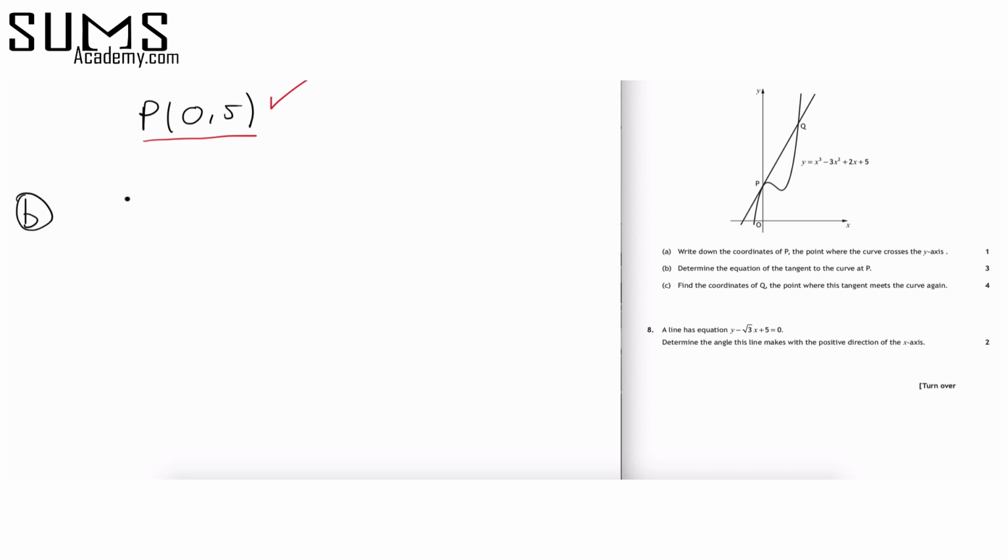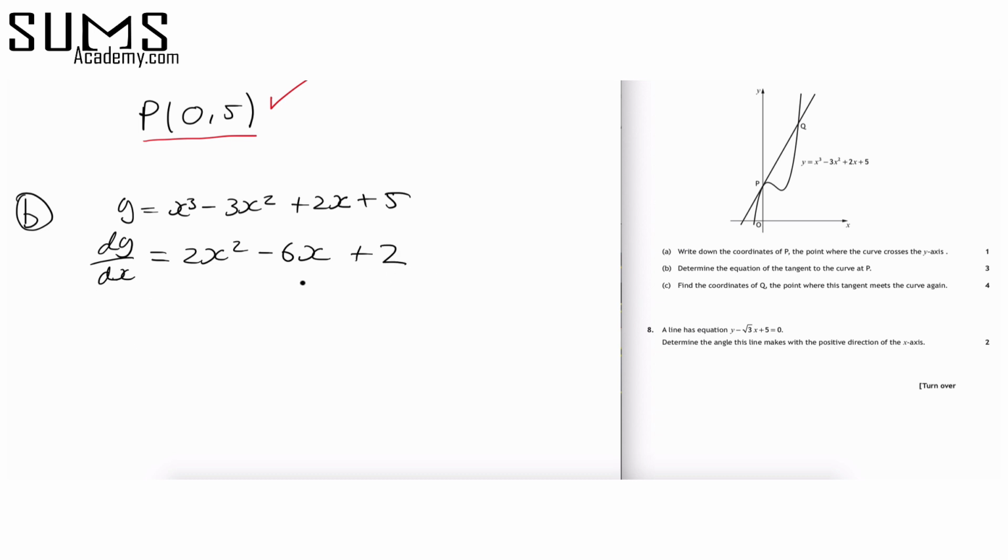So let's go ahead and do that. y equals x cubed minus 3x squared plus 2x plus 5. So dy by dx equals 3x squared minus 6x plus 2.